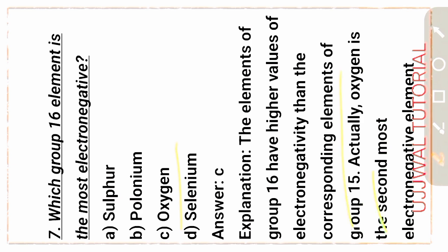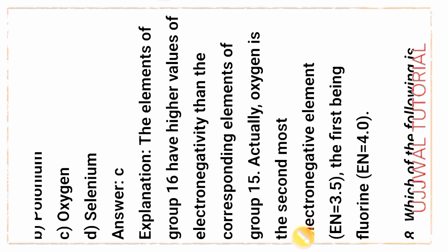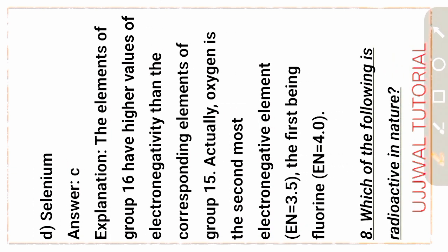Actually, oxygen is the second most electronegative element, with an electronegativity value of 3.5. The first is fluorine, whose electronegativity value is 4.